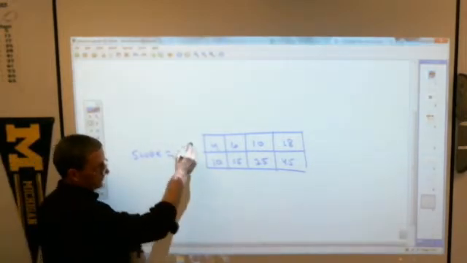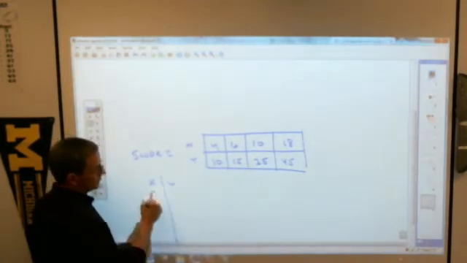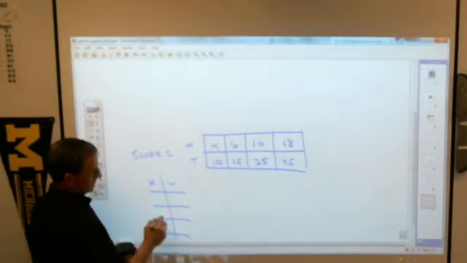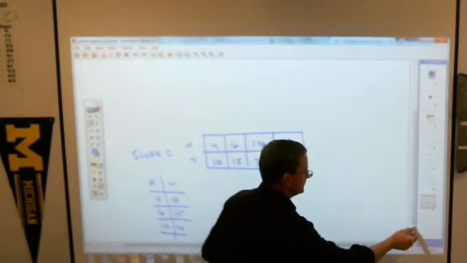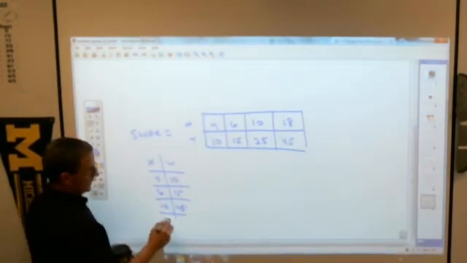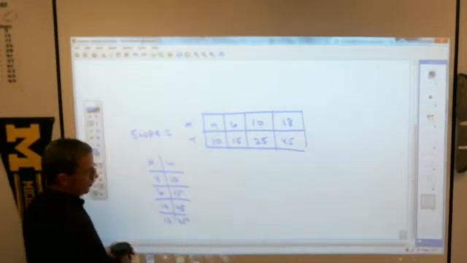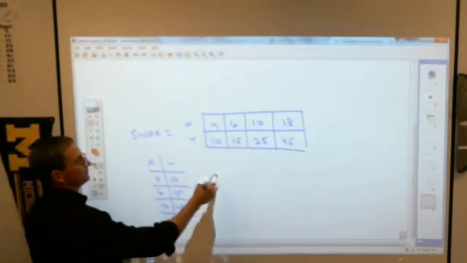Well, here, this would translate into this, just so you can see it before I throw this all into a table. If you get 4 for x, you get 10 for y. This is x and y: 6, 15, 10, 25, and 18, 45. Now what you must remember is this. Remember we talked about slope.